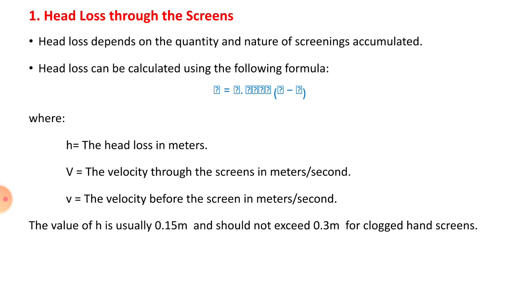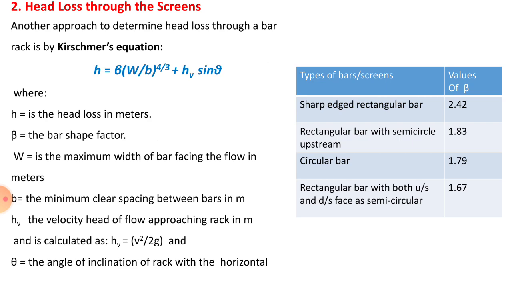Head loss can be calculated using this formula, where h is the head loss in meters, v is the velocity through the screen in meters per second, and small v is the velocity before the screen in meters per second. The value of h is usually 0.15 meter and should not exceed 0.3 meter for a clogged hand screen.